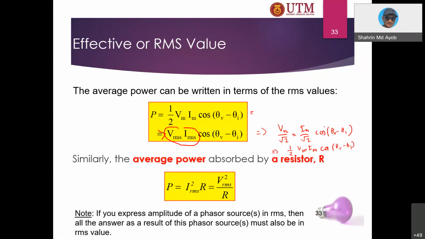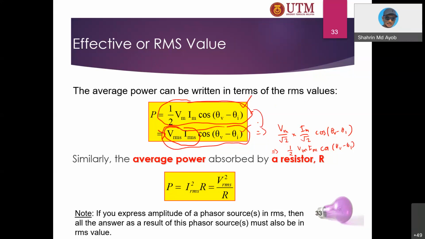So rather than using this one, if you are using V RMS and I RMS, just use this equation: V RMS multiplied by I RMS cos(theta V minus theta I). If you are using maximum values, please use the other equation. But if you are using RMS, use this equation.